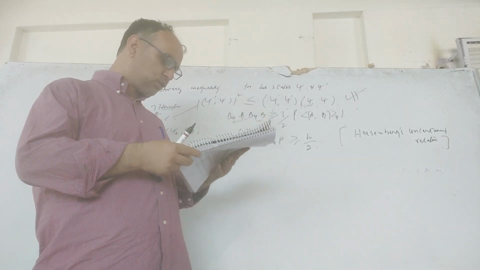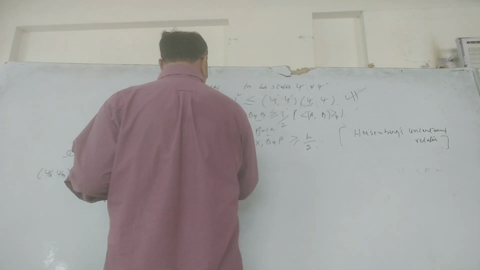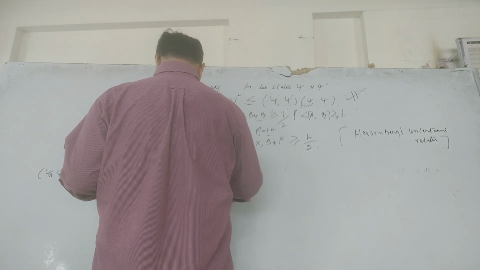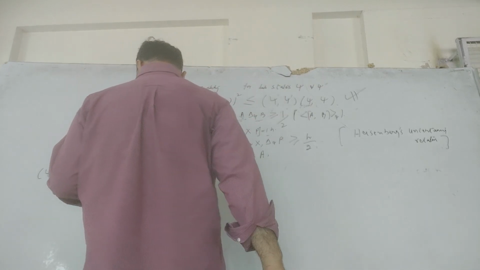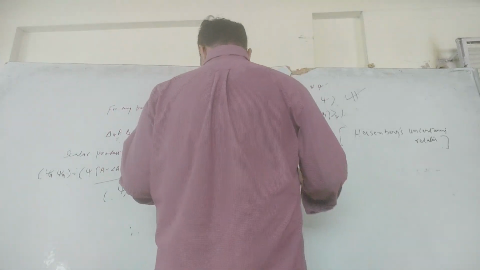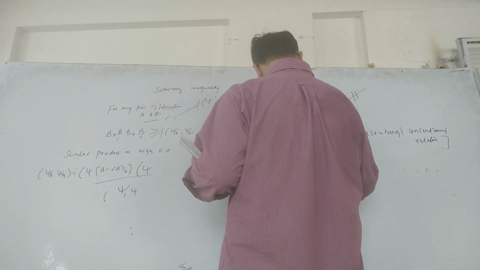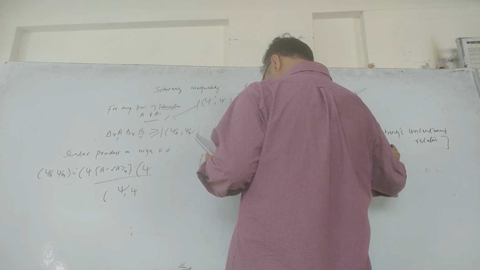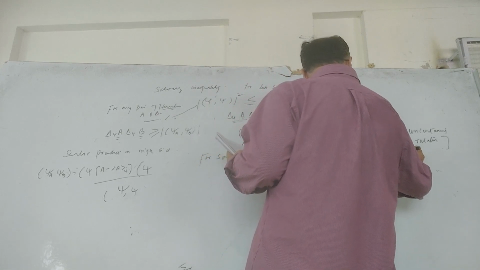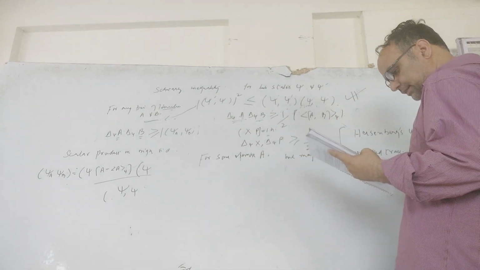So for some operator A, we may define a number called trace, which is written as trace of A.